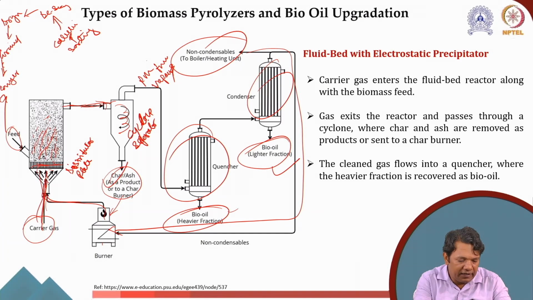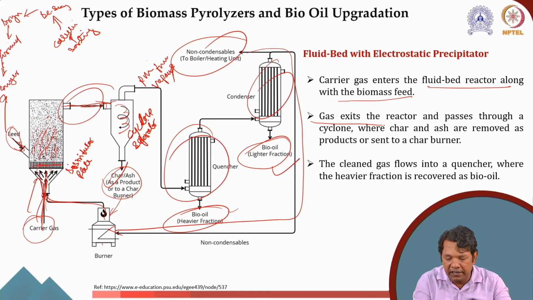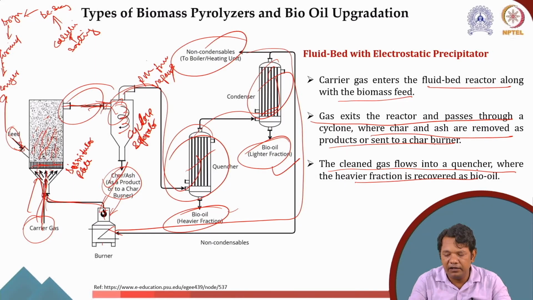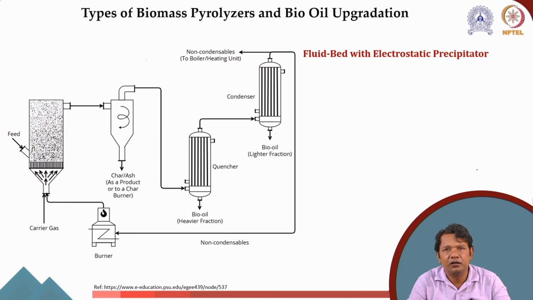Initially the carrier gas is entering here to the fluidized bed reactor along with the biomass feed, which is entering from here. Then at the second stage the gas exits the reactor and passes through the cyclone, then a series of condensers, where char and ash are removed and the product is sent to this char burner. The clean gas flows to a quencher, to recover the heavier and lighter bio oil.